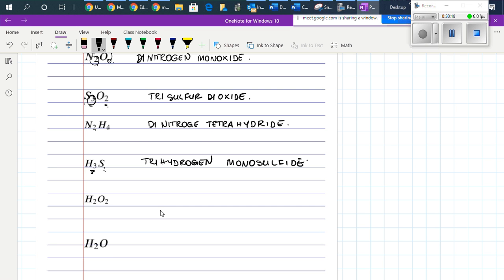In this case here, this is peroxide, in other words: 2 hydrogen, 2 oxygen. So dihydrogen dioxide. This is water in common language, but it is H2O. So dihydrogen monoxide.